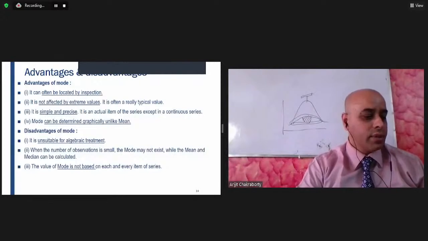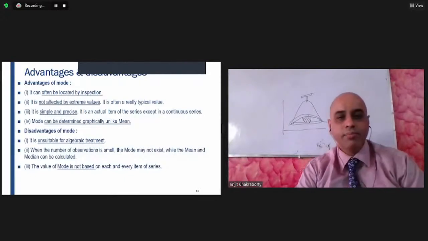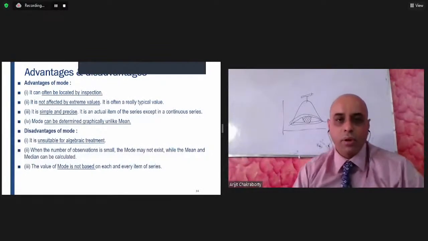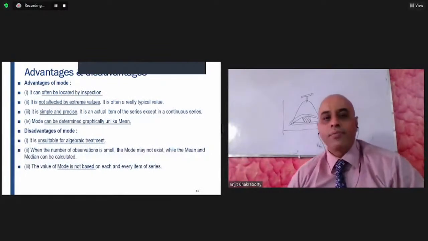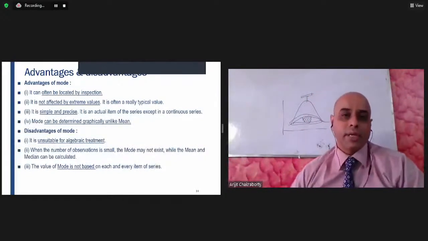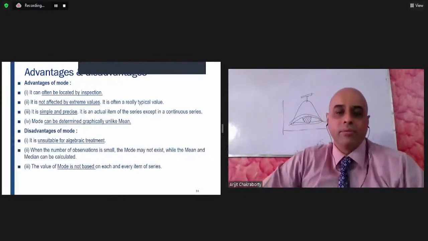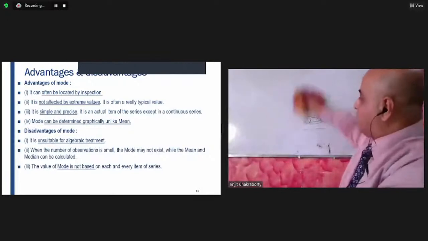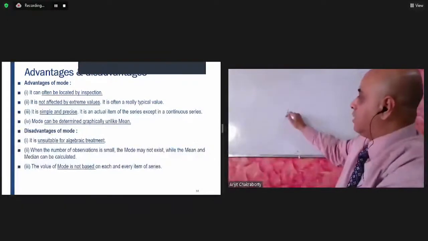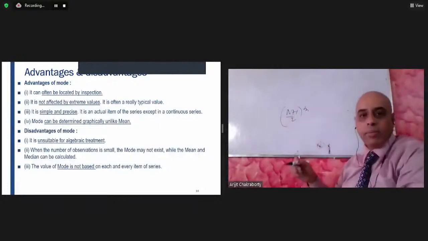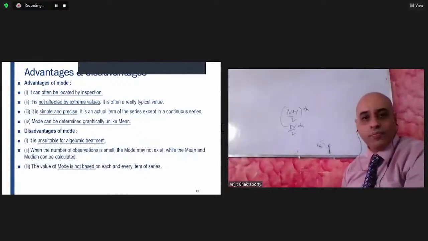Simple and precise, Ankit. What is simple? Simple means it is easy to compute. The formula is very simple. And why is it precise? Because in case of median, we had to find out n by 2, or the n plus 1 by 2 value.